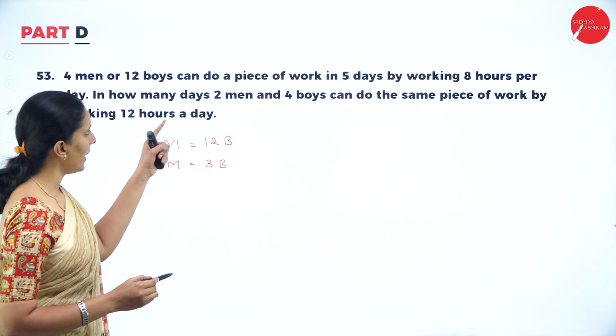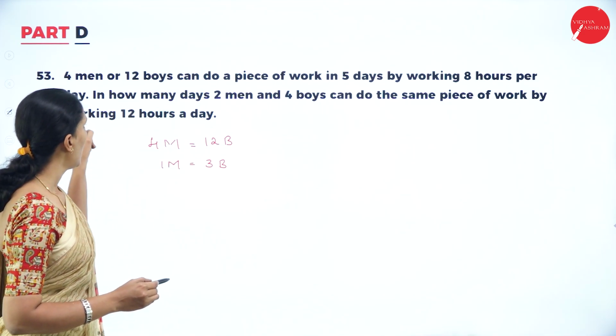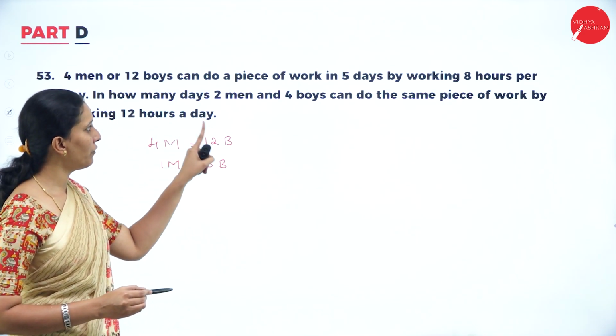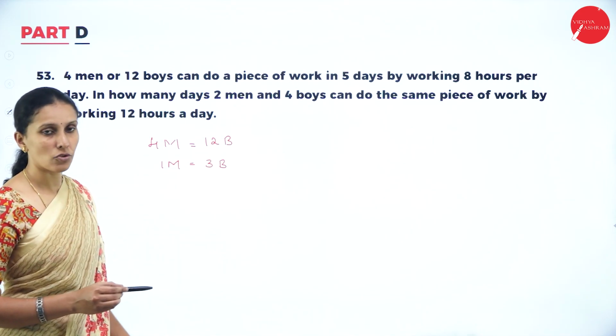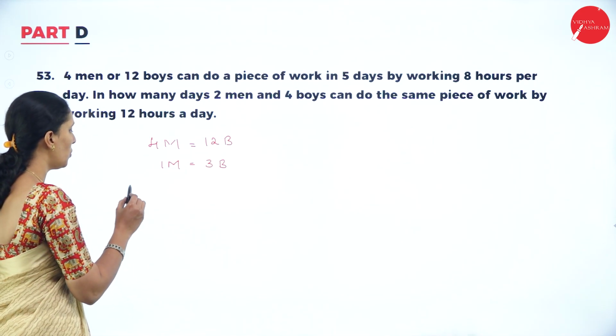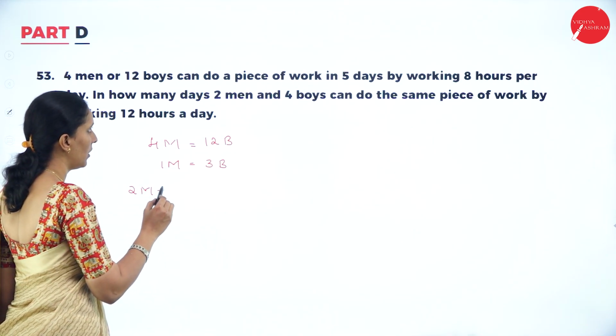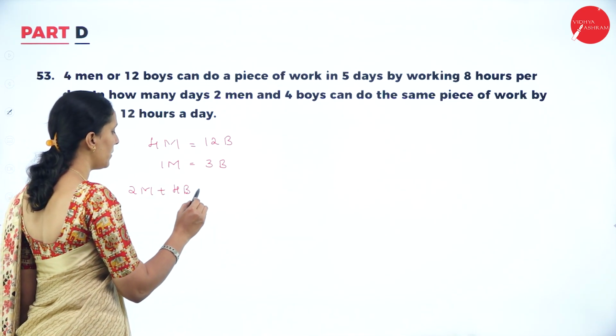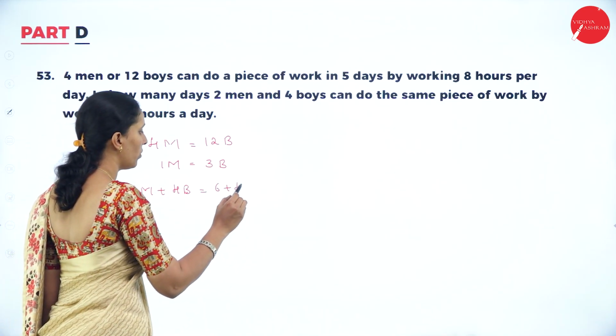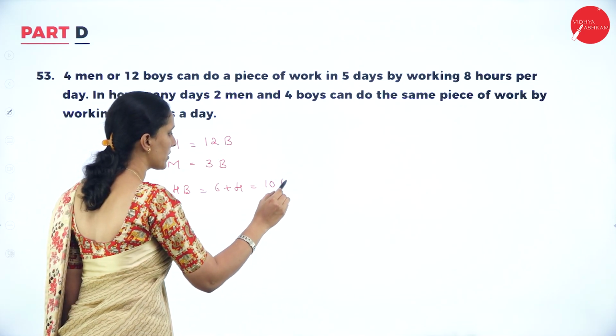Now next we need to find out how many days 2 men and 4 boys can do the same piece of work. So 2 men plus 4 boys means 6 plus 4, which is equal to 10 boys.